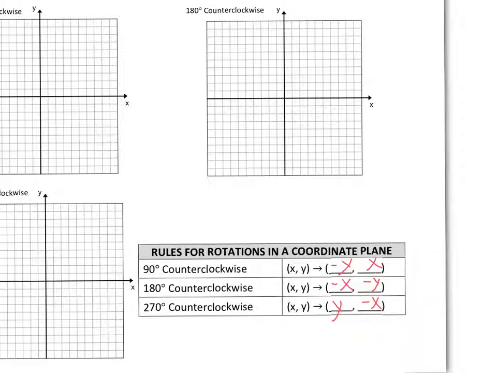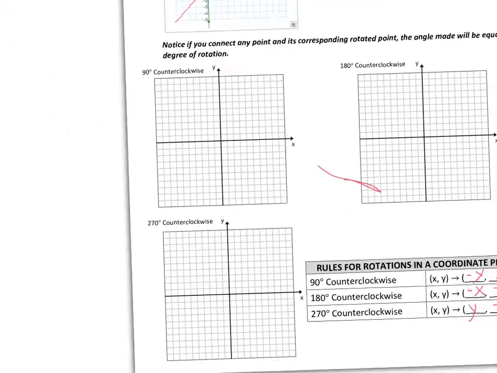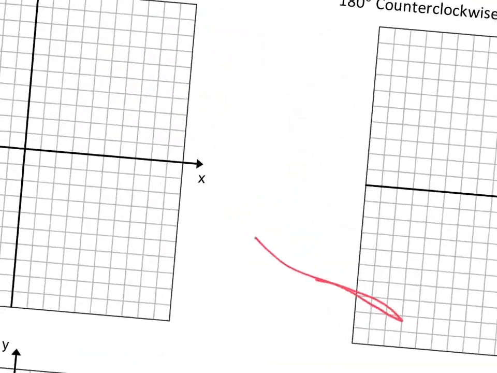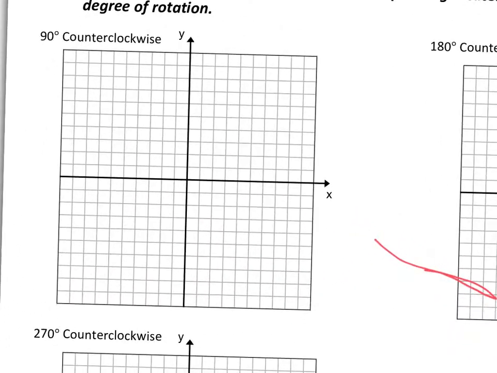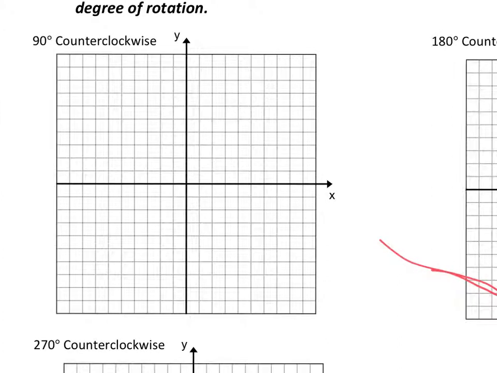Okay, so now let's take a look at our first graph. Let's zoom in over here. It's asking us to rotate our shape 90 degrees. Well, the shape we're going to use, go ahead and graph these points.